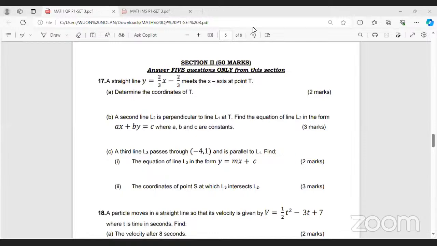Yes, when we cross multiply and rearrange, we end up with 3x plus 2y is equal to 3. I hope there is no question up to that point. If there is none, we move to part C of 17.